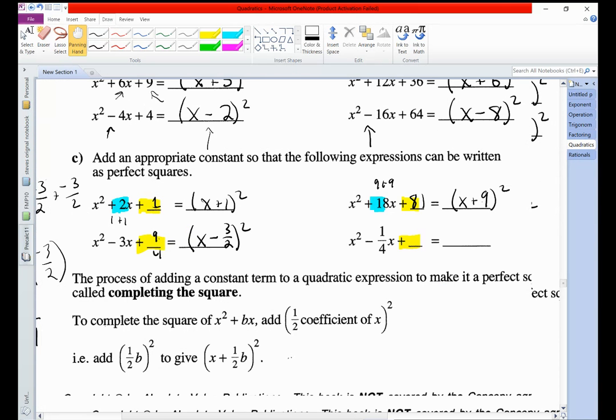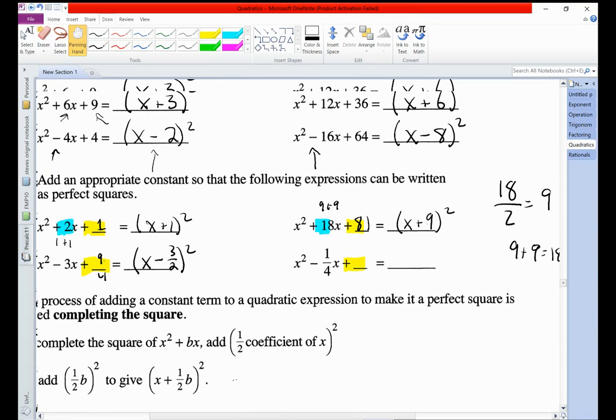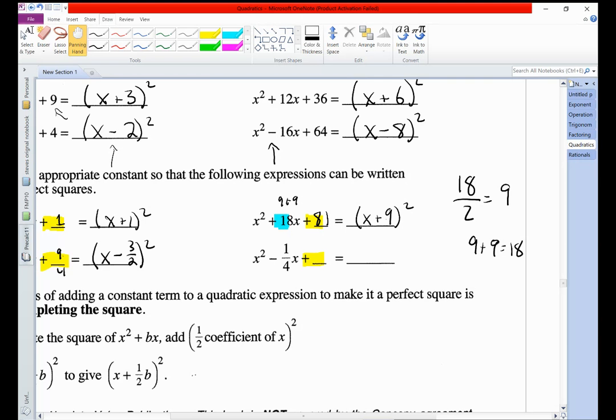We're going to do the same thing with this fraction. Things are a little bit weird with fractions, so don't freak out if this is a little bit weird. We're looking for two numbers that add to make negative a quarter. So it's easier if you imagine negative 1/4 as negative 2/8.